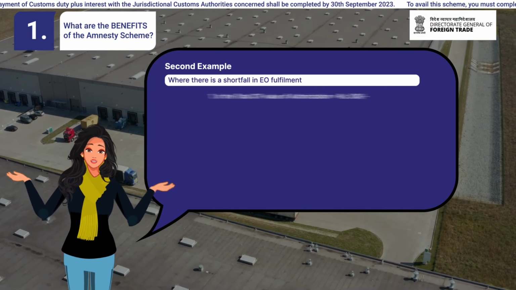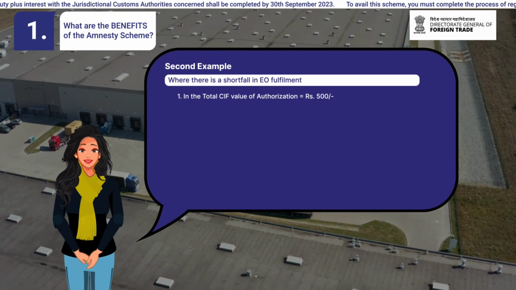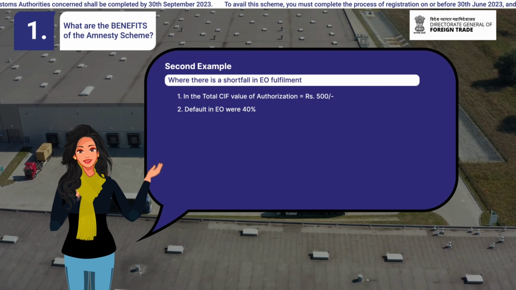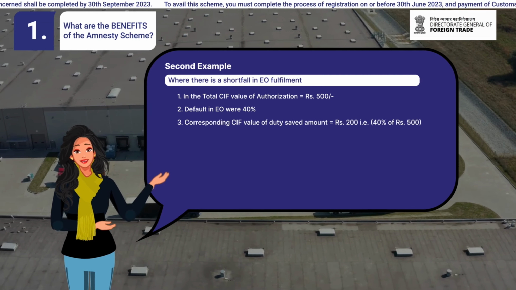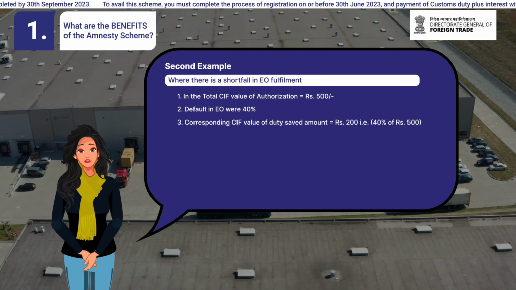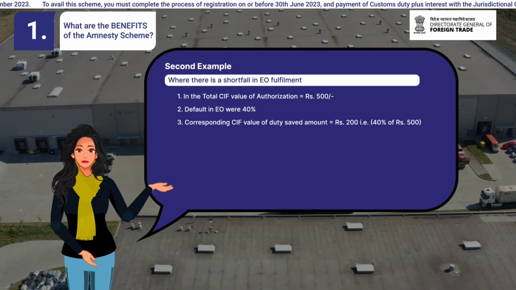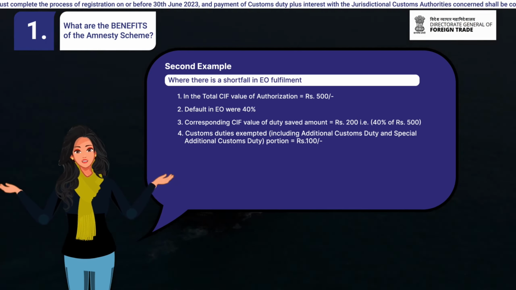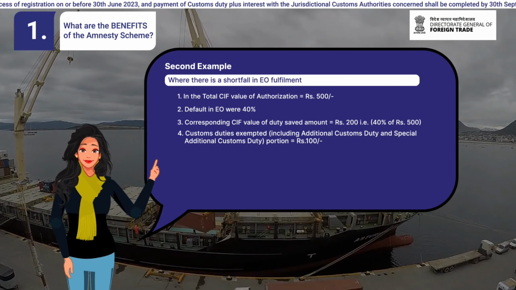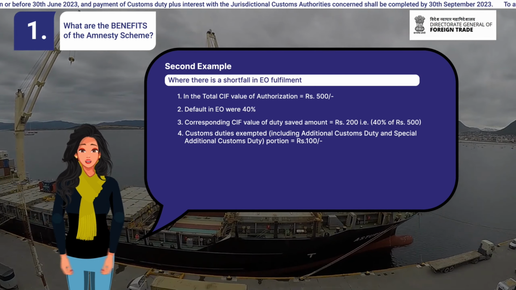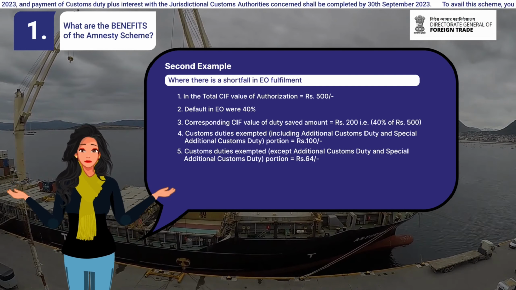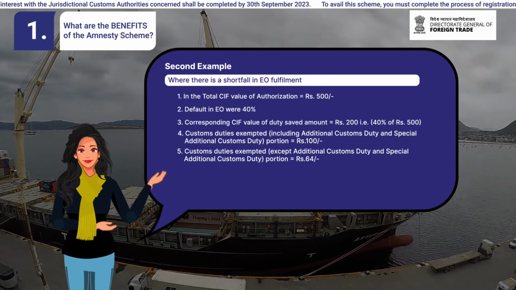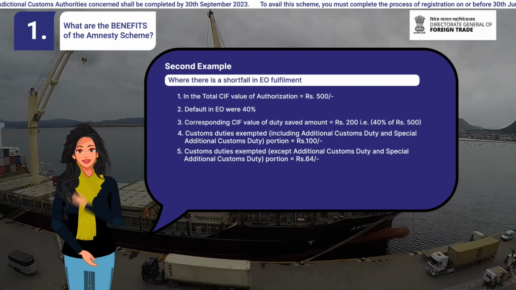Second scenario, where there is a shortfall in EO fulfillment. For example, the total CIF value of authorization is say ₹500. The default in EO was 40%, then the corresponding CIF value of duty saved amount becomes ₹200, 40% of ₹500. All the customs duties exempted including additional customs duty and special additional customs duty is say ₹100. The customs duty exempted except additional customs duty and special additional customs duty portion is say ₹64.